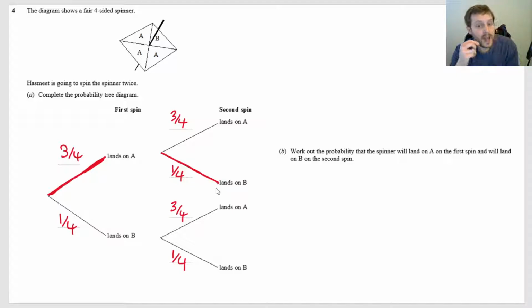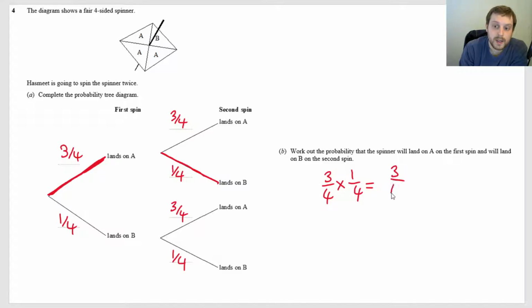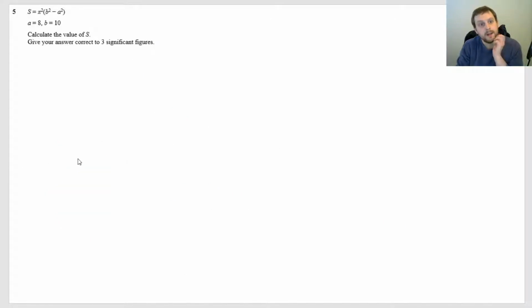So we want an A and a B, so I do the probability of A on the first one multiplied by the probability of B on the second one, because I want both of these things to happen, so I multiply. Okay, so I literally just do 3/4 times 1/4, which is 3/16. Great. Right, number 5.